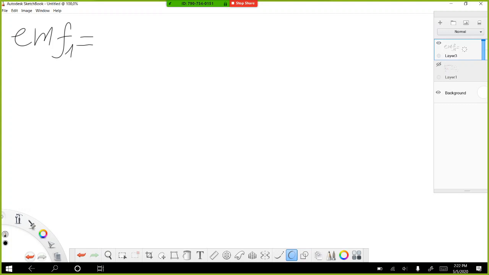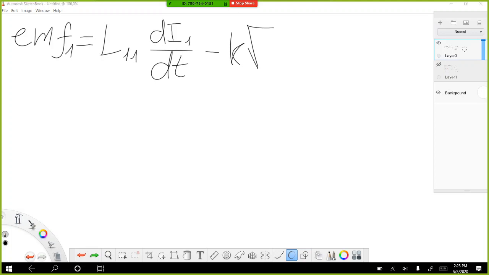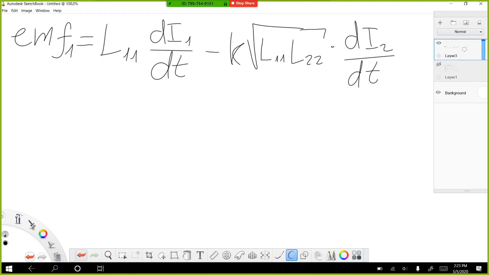In our case, it is the electromotive force due to the self-inductance minus the electromotive force due to the mutual inductance. Namely, we can write L11 di1 over dt minus, with the expression for mutual inductance we found, k square root of L11 L22 multiplied by di2 over dt.